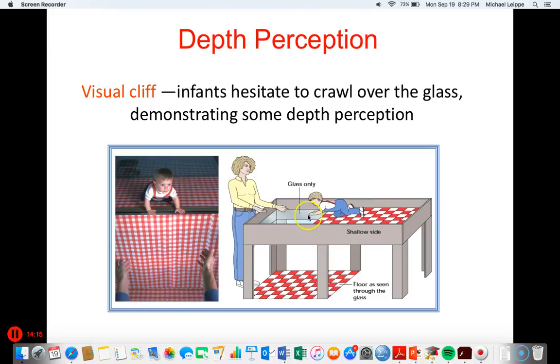And if you put it on the deep side, where there's glass and it's looking straight down, the animal will freeze. It'll just freeze and not move. This suggests that if it's not innate to some extent, depth perception is learned very, very early.